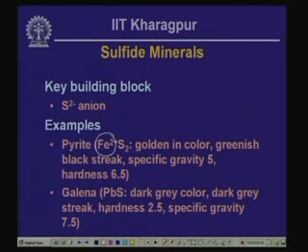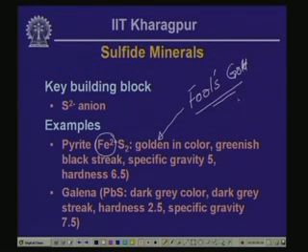Pyrite, if you recall, has got a golden color. This is also called fool's gold because of this. It is not a precious metal, but it has got an appearance which is similar to gold. It has got a greenish black streak, specific gravity of 5, and hardness of 6.5.